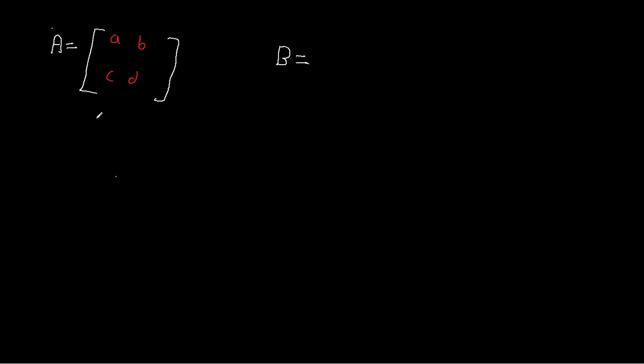So this is a 2 by 2 matrix, just to recap some terms. And then B will also be a 2 by 2 matrix, and I'm going to fill these with the letters W, X, Y, and Z. And this is also a 2 by 2 matrix.